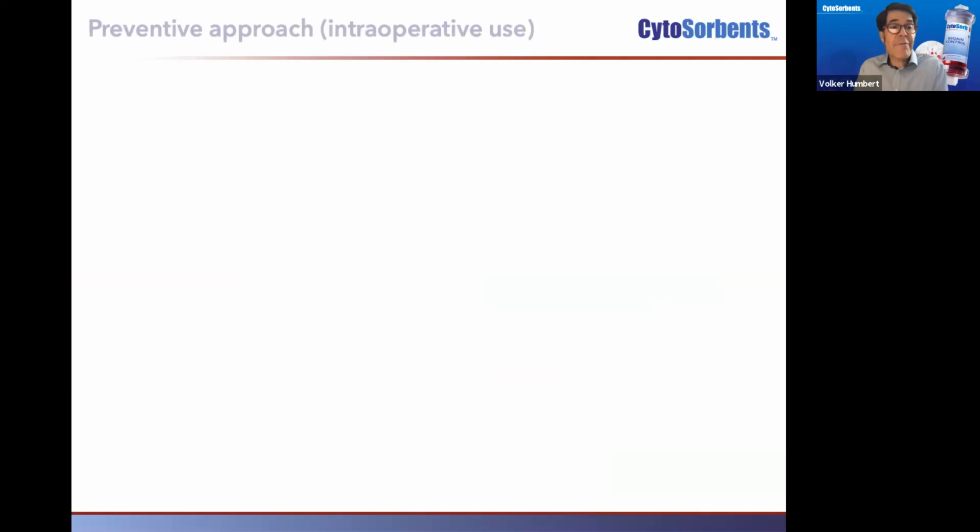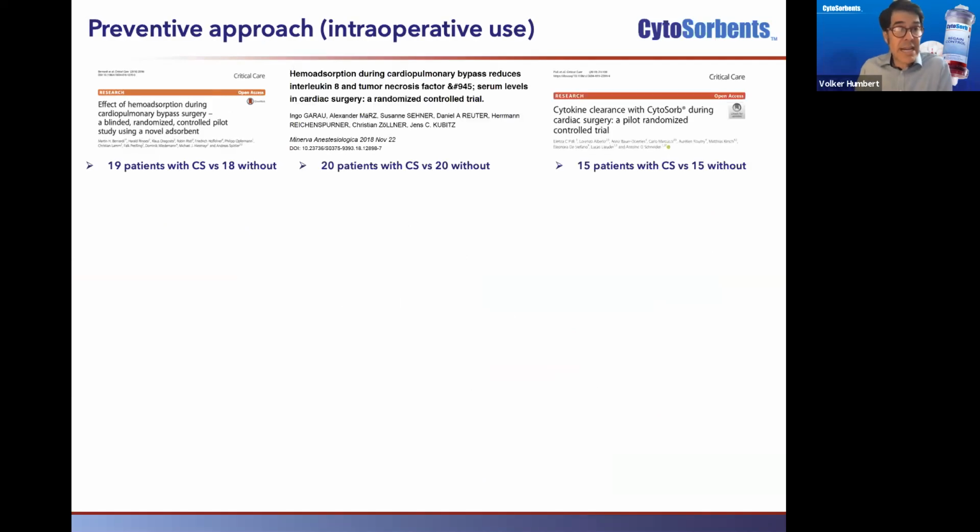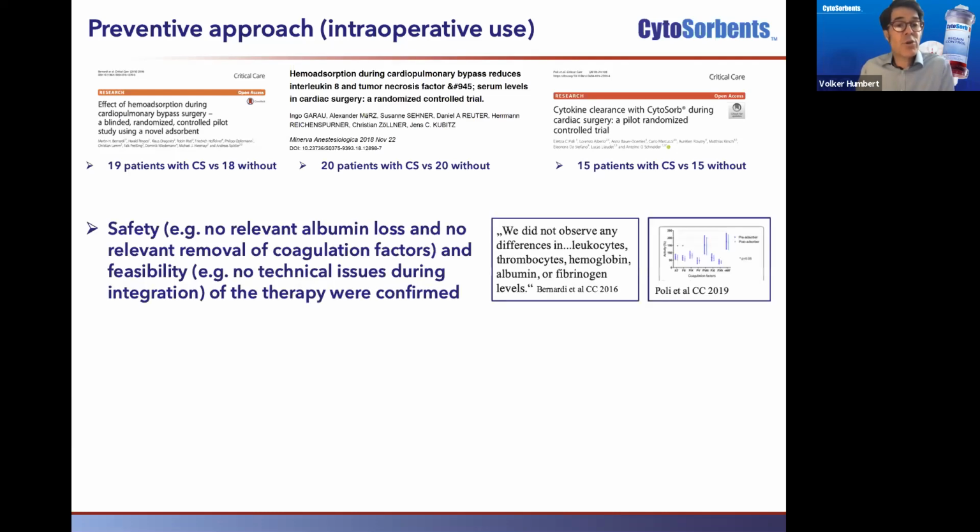There have been some first pilot trials to test this preventive approach of intraoperatively using Cytosorb therapy, with rather small patient numbers. Those trials were primarily meant to show the safety and the feasibility of this approach, and both aspects could quite well be confirmed by those publications.